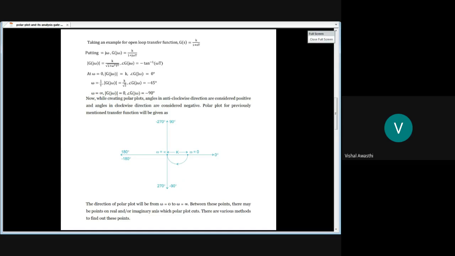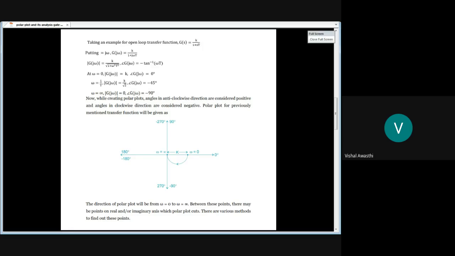So in the same way, you have to start this plot from omega equal to 0 and go according to the angle, and its final angle is minus 90 degrees. Minus 90 degrees is nothing but the negative imaginary axis, terminating at omega equal to infinity, which is the origin.